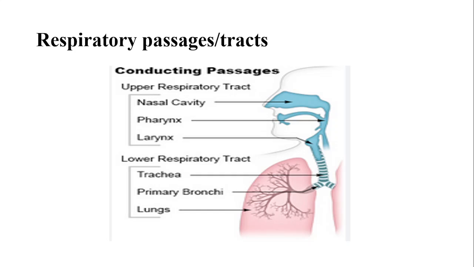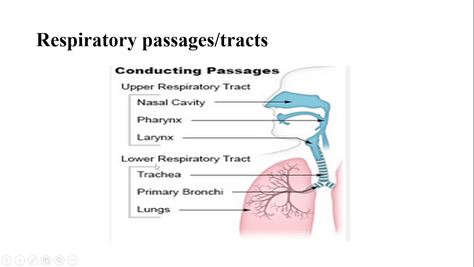That is the whole portion of the upper respiratory tract, and some portion of the lower respiratory tract is also included in the dead space or the conducting zone. And from the terminal bronchiole up to the alveoli of the lungs, where the actual gaseous exchange is taking place, is termed the respiratory zone.